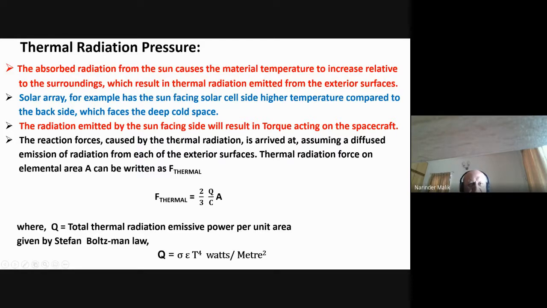Reaction forces caused by thermal radiation are arrived at by assuming a diffuse emission of radiation from each of the exterior surfaces, and the thermal radiation force on an elemental area can be written as F thermal equals 2/3 Q/C times A. Q is the total thermal radiation, following the Stefan-Boltzmann law, proportional to sigma times emissivity times T to the power 4, in watts per meter square.